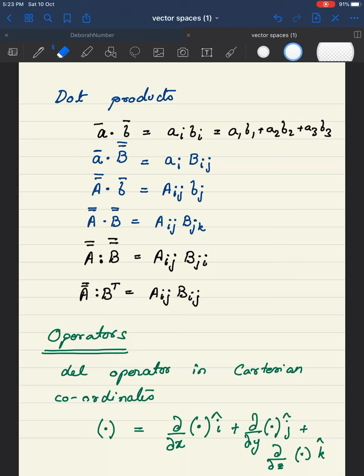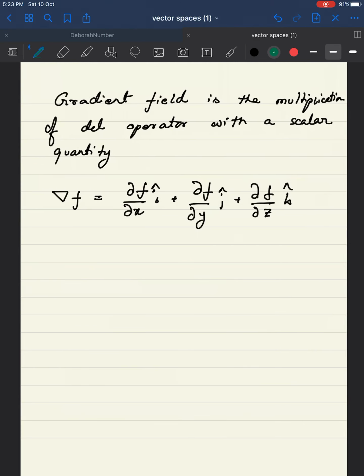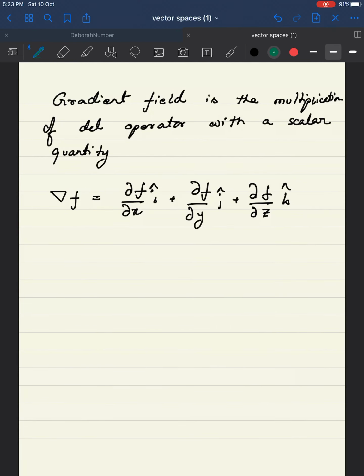So the consequence of treating these operators as vectors is that certain results become very self-evident, become obvious.